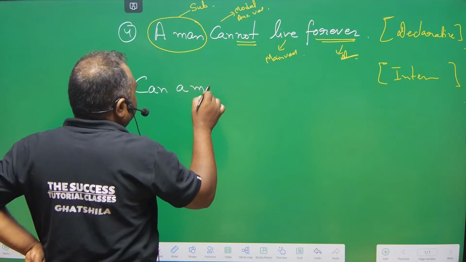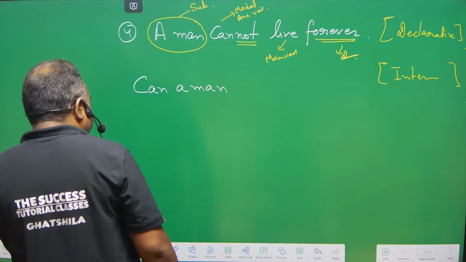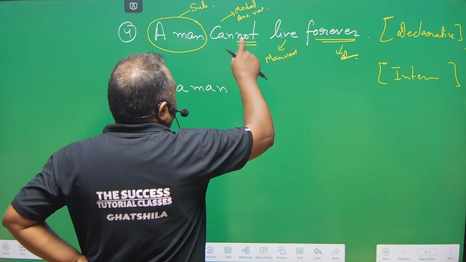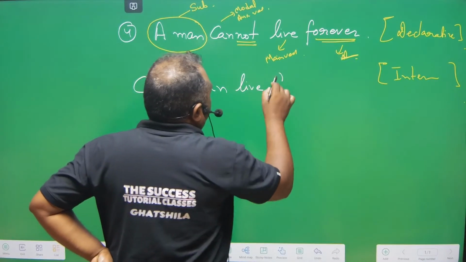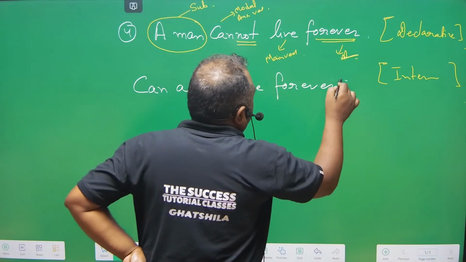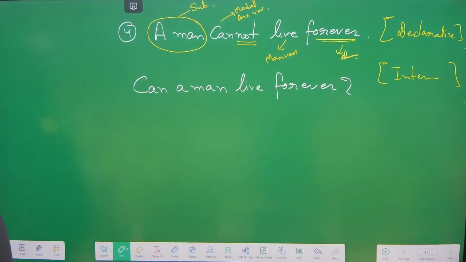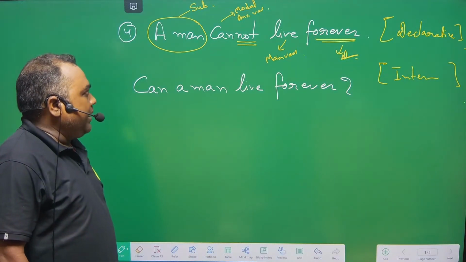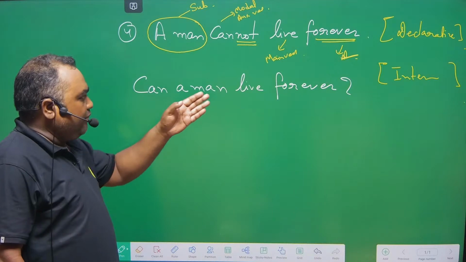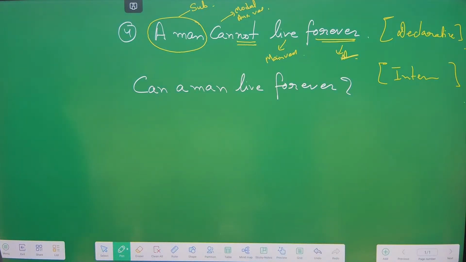Can a man, you have to omit this negative word in the interrogative form. Can a man live forever? Question mark. So this is the interrogative form of this declarative sentence. A man cannot live forever. Can a man live forever?